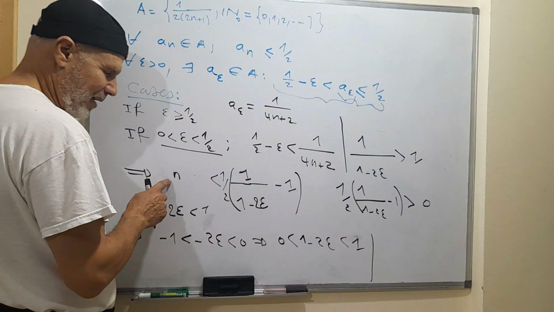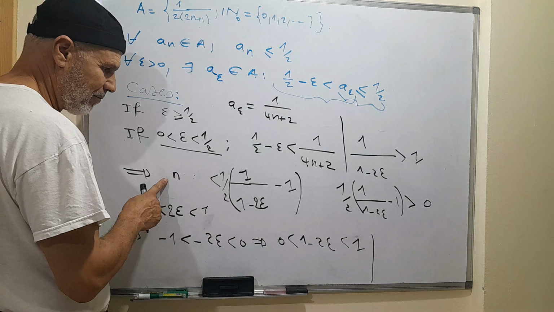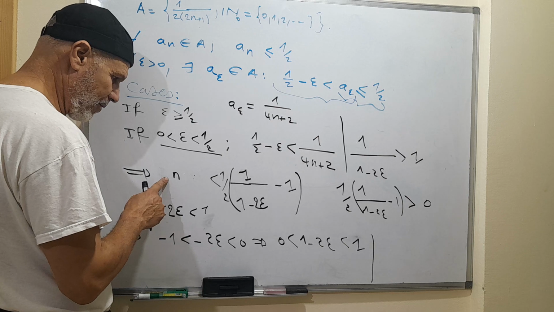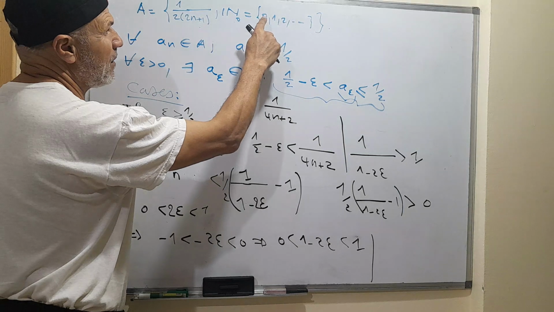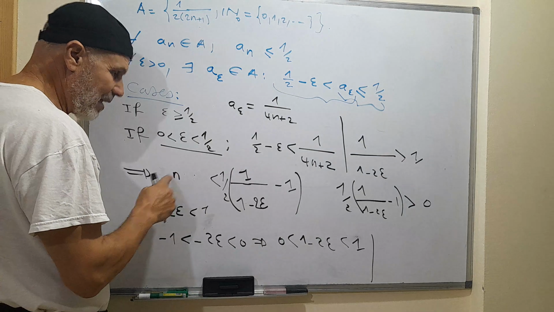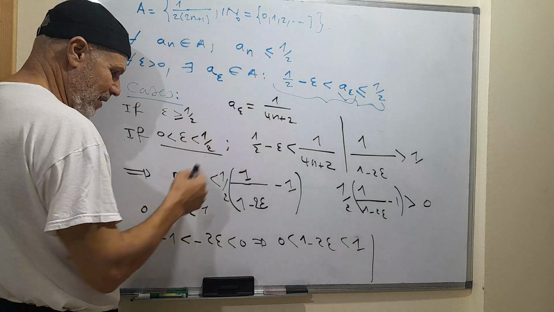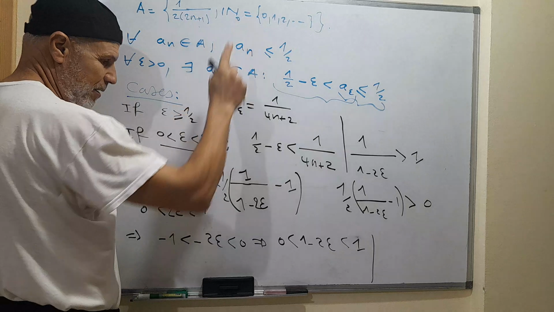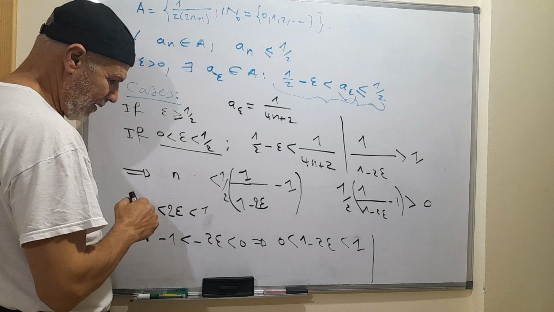So can this n take 0? Yes or no? The answer is yes. Why? Because n is in N, which means it starts from 0. 0 is a number that we can consider as an index or a natural number that verifies this inequality.